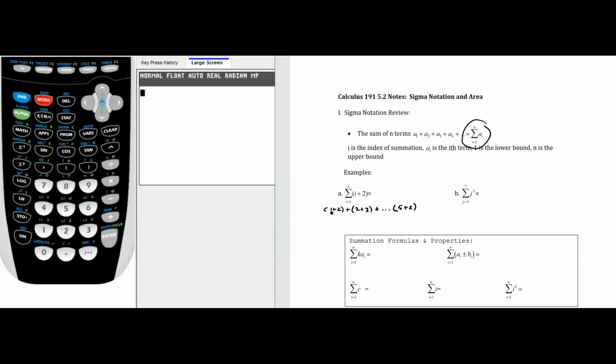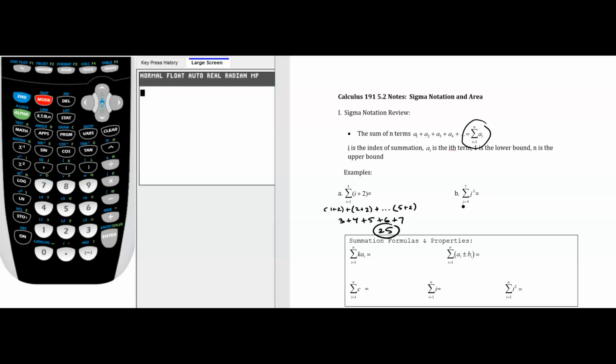So you can see that this is just going to be 3 plus 4 plus 5 plus 6 plus 7. That's what our answer is, and so that's going to be 10 and another 10, so that's 25 for the total there.